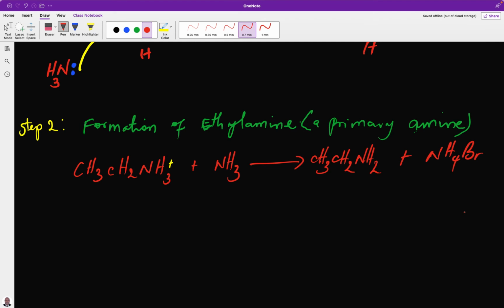It will be like this: CH3, the carbon, this other carbon, the hydrogen, to this NH2 plus.